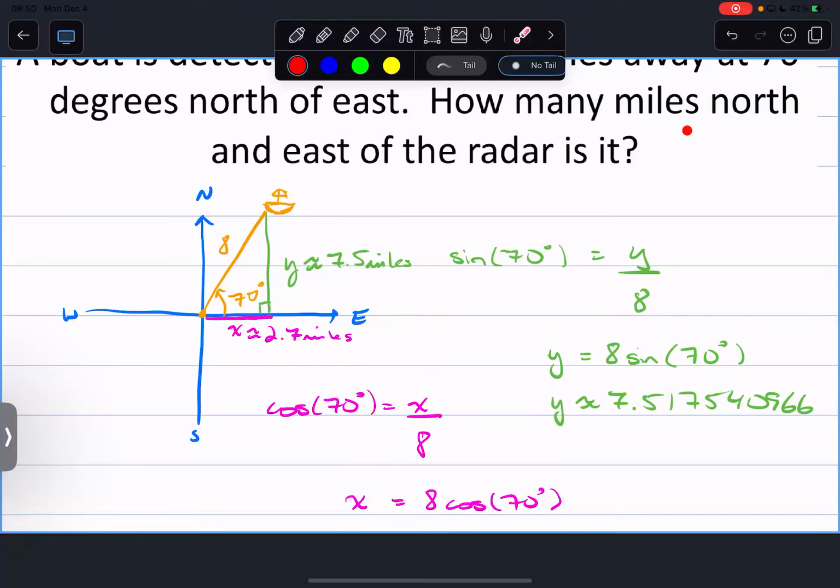The boat is roughly 7.5 miles north and 2.7 miles east of the radar.